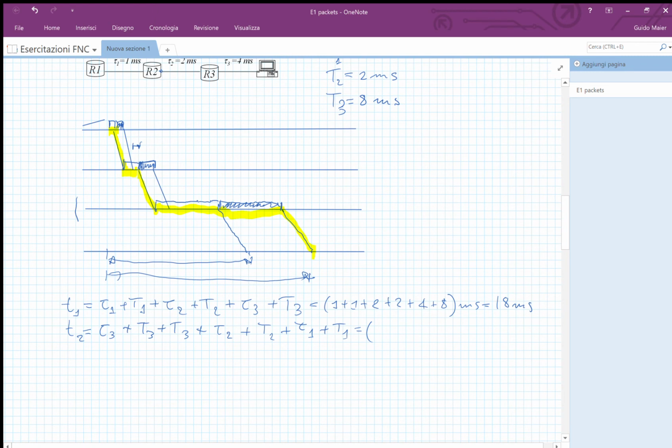So this is 4 plus 16 plus 2 plus 2 plus 1 plus 1. This is 20, 24, 26.